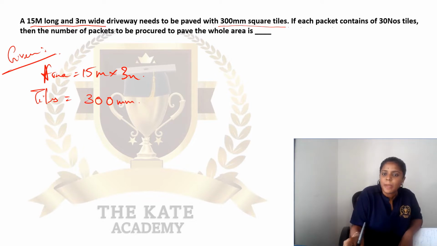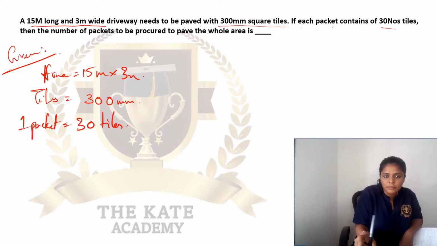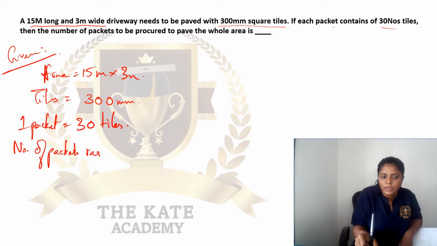If each packet contains 30 numbers of tile, one packet is equal to 30 tiles. Then the number of packets to be procured to pave the whole area is the number of packets required to tile the whole area.